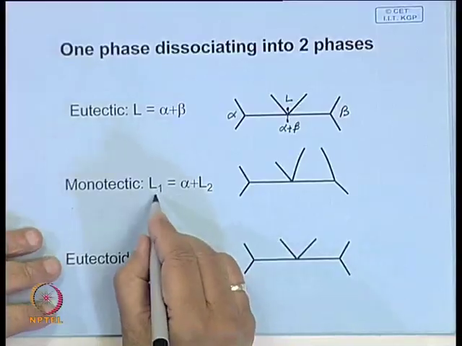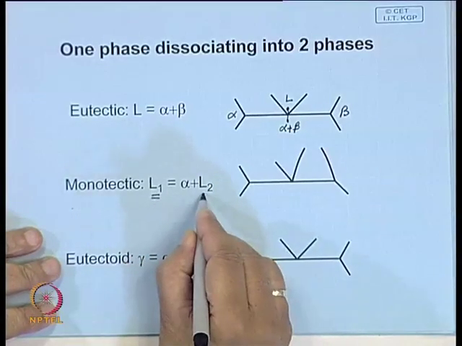So, there is a possibility that if you are trying to mix two phases in the liquid state, they may not be soluble in each other, or they may be partly soluble in each other. So, there can be several such examples, and let us generalize that we have a liquid and it dissociates into two different liquids having different composition. One we represent as L1 and another we represent as L2.